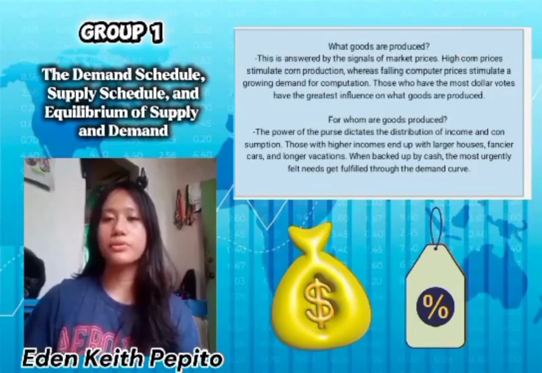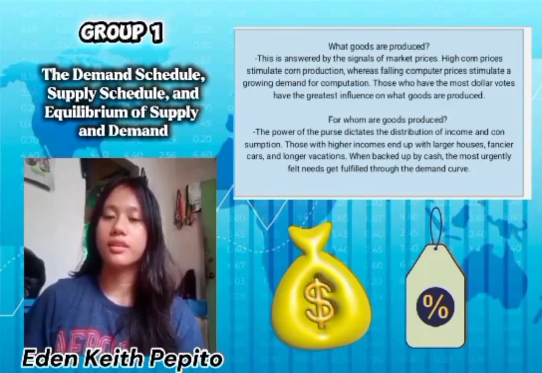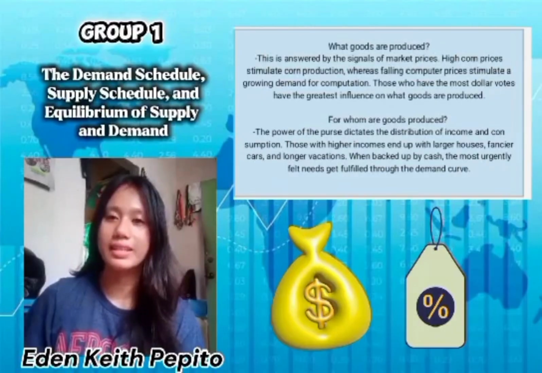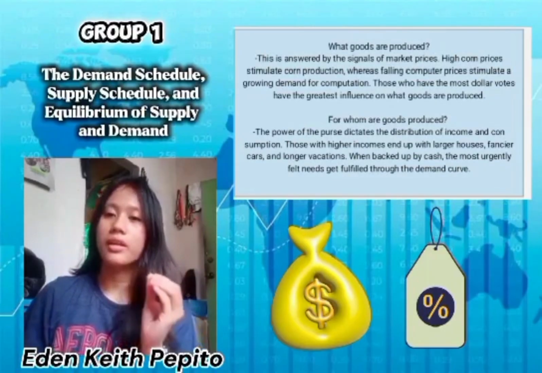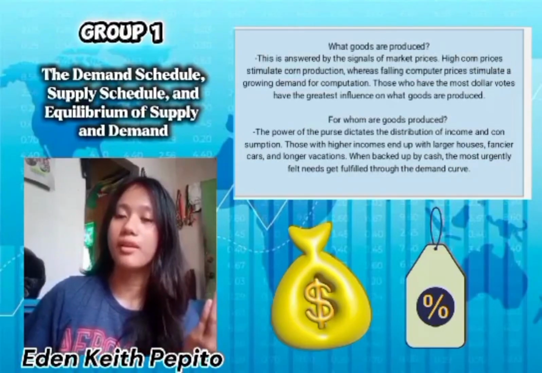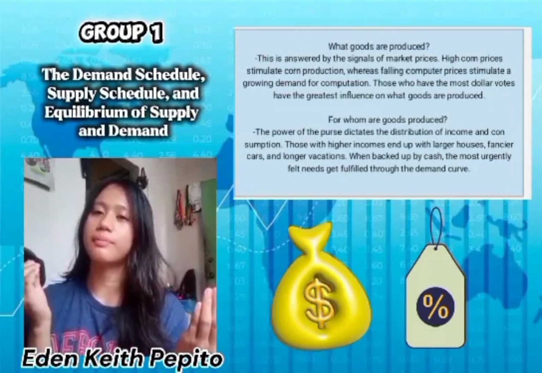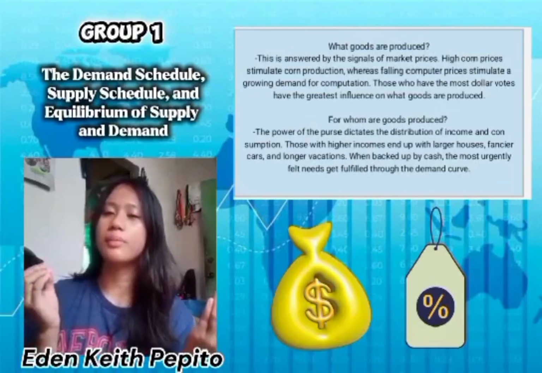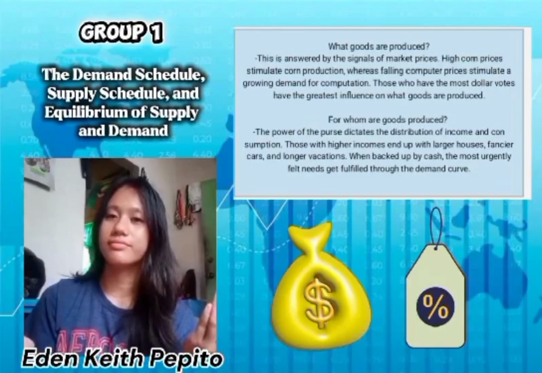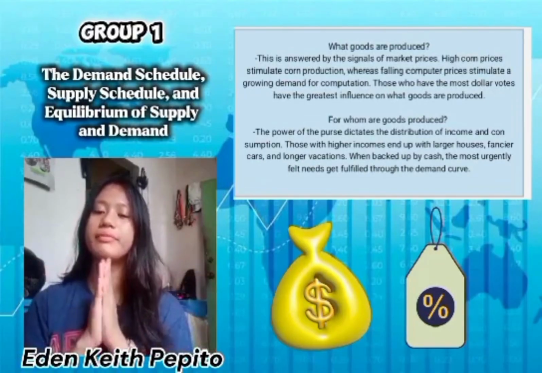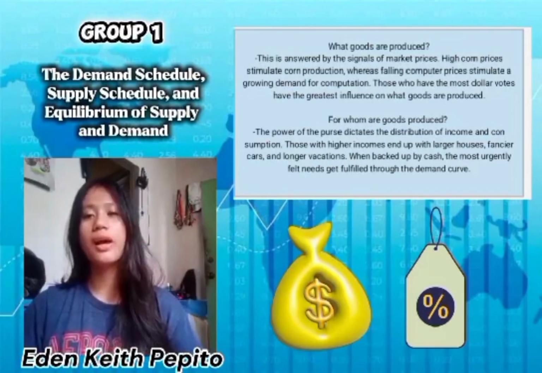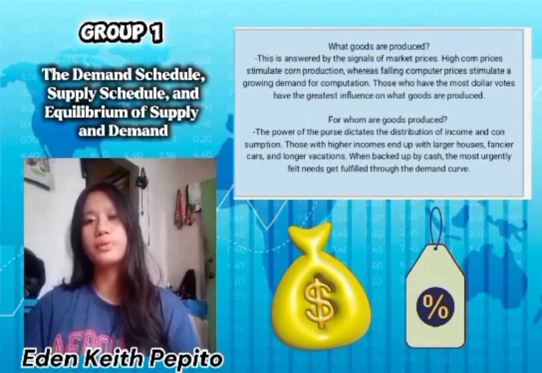So mo na pasabot sa the power of the purse, the power of money, where if you have the money to pay, then you can buy any product you want. So mo na siya pasabot sa power of the purse.